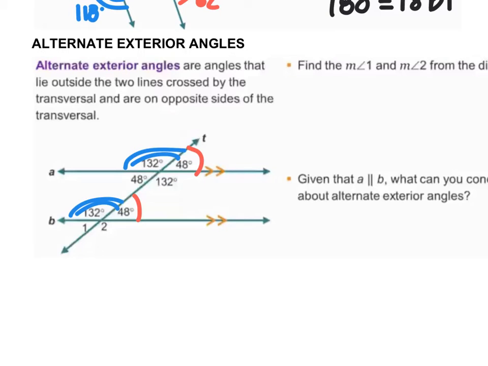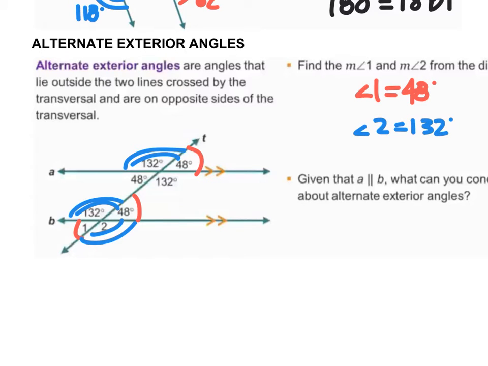I can use alternate exterior angles to figure this out. So I can then say that angle 1 is an alternate exterior angle to 48. So angle 1 is equal to 48 degrees, okay? I can also then say that angle 2 is an alternate exterior angle to 132. All right, so angle 2 is equal to 132 degrees.